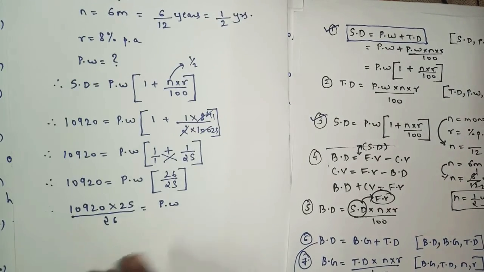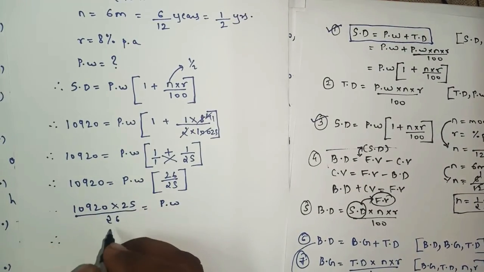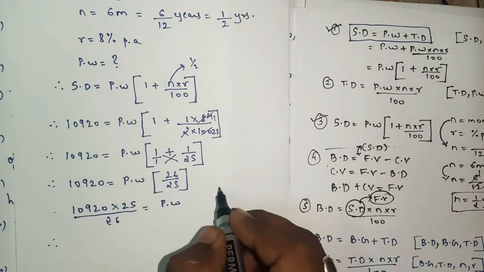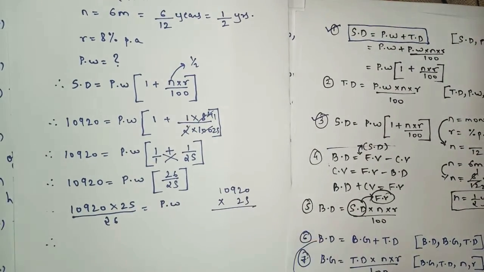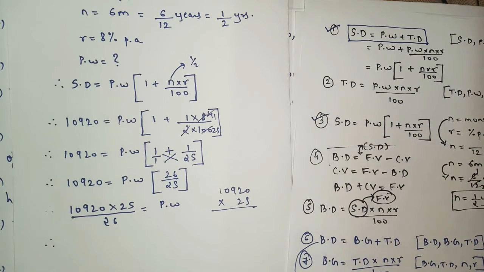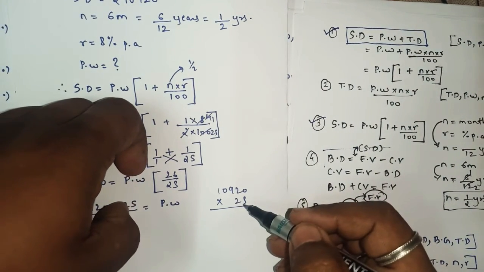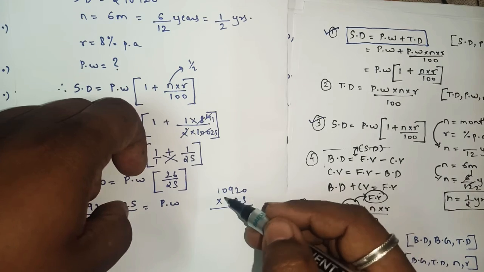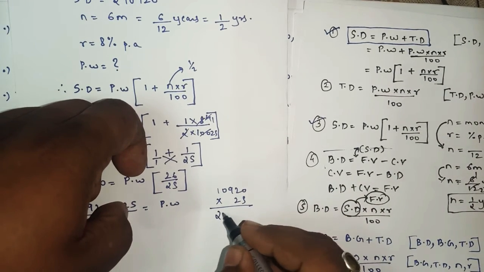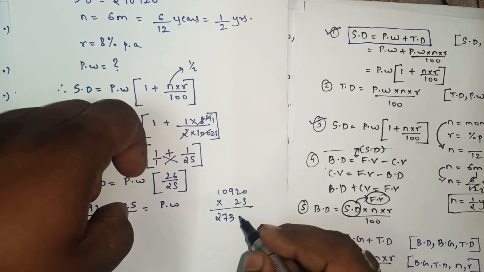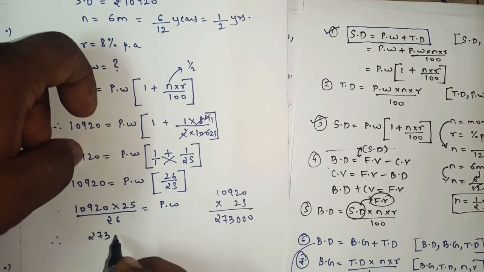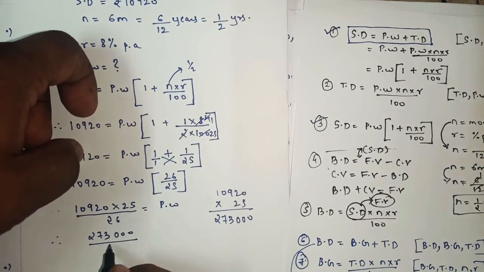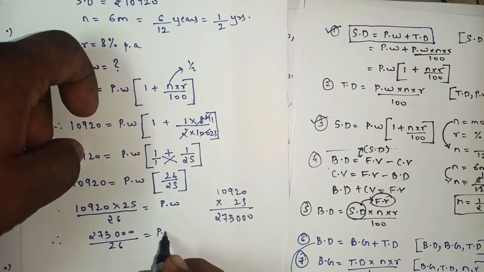PW. Now simply multiply these two numbers and divide by 26. So here 10920 into 25. Multiply and check. So here you will get 273000. So here you will get 273000 divided by 26 equals PW.